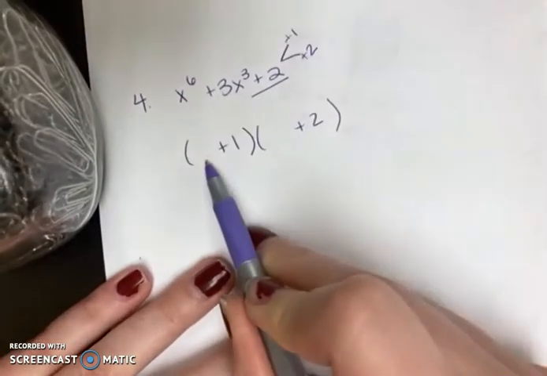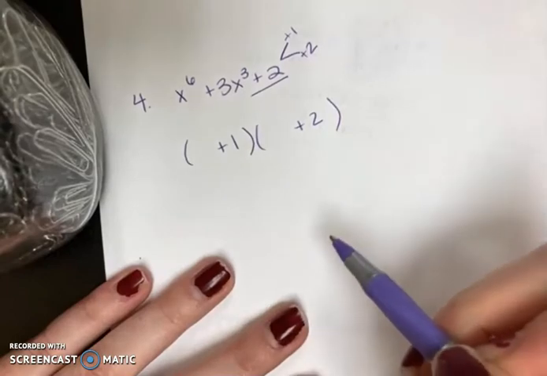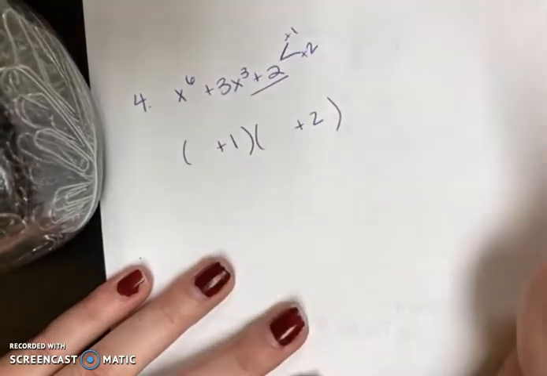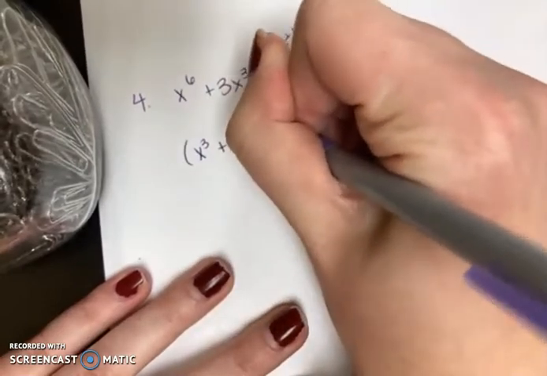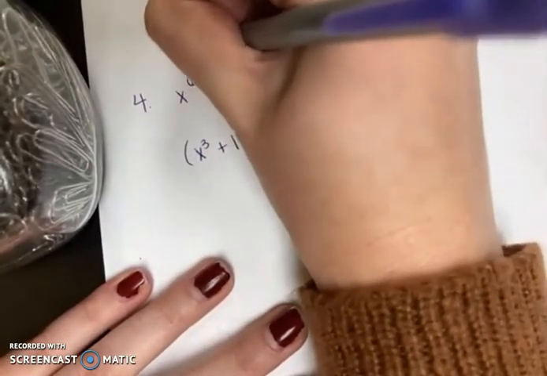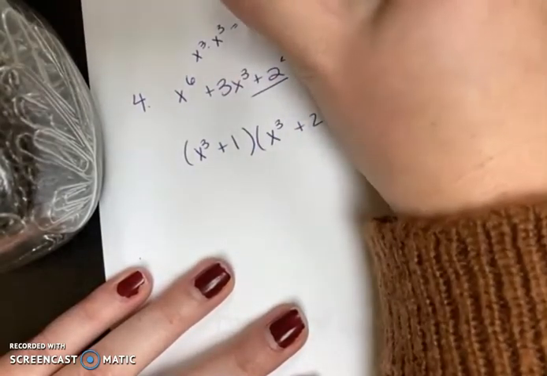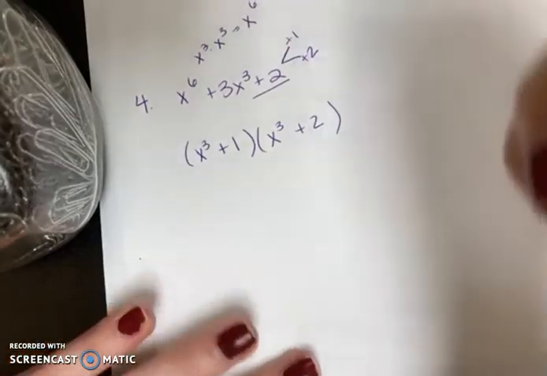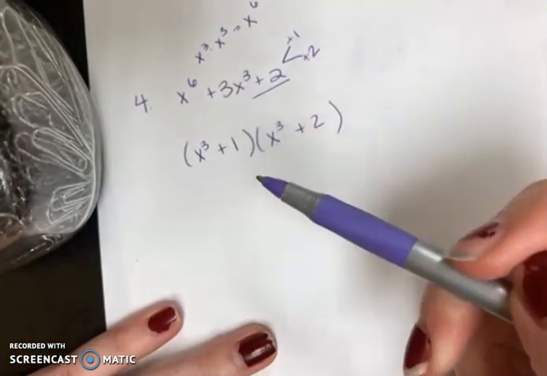Now instead of putting x and x here, because x times x is x squared, I would want to use an x cubed. Because x cubed times x cubed is equivalent to x to the 6th power. When we multiply variables, we add the exponents.